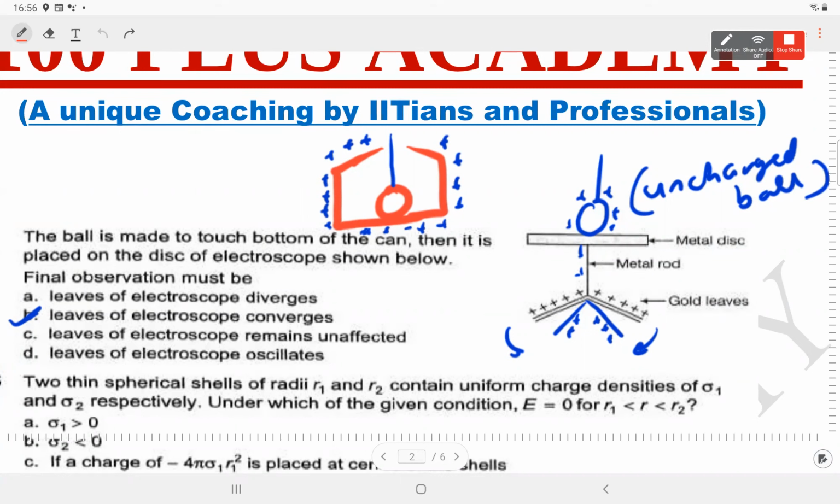This electroscope disc is connected to a positively charged gold leaf. Since this ball is uncharged, it will take the charge from the leaf, and that reduces the charge on the gold leaf and reduces the angle between them. So the charge decreased, therefore the repulsion force decreases, and the gold leaf starts collapsing.